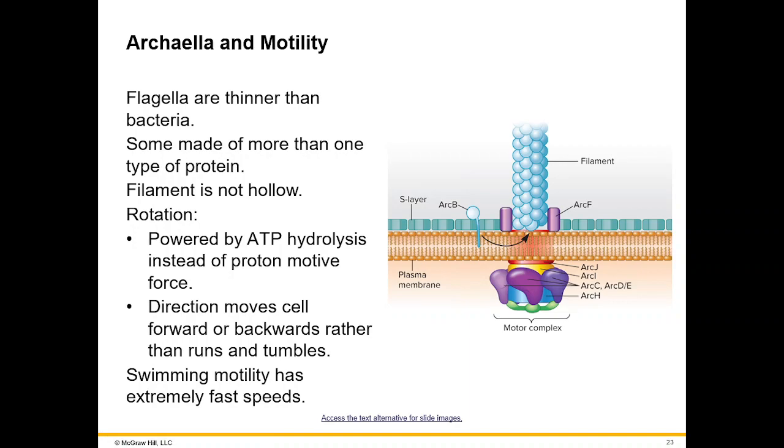Now for the motility. The flagella of the archaea, we call them archaella. They are thinner than the normal flagella of bacteria. Some of these archaella are made of more than one type of protein. They do not have a hollow filament like the flagella of the bacteria, but they are also moved by rotation.